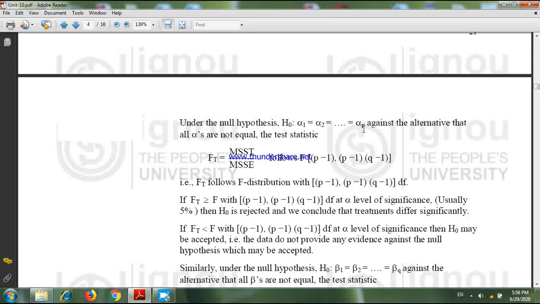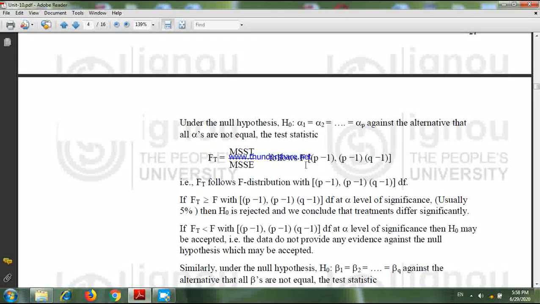No need to write those. Simply write under null hypothesis H naught against the alternative that all alphas are not equal. The test statistic Ft that we have written in the ANOVA table follows F distribution with P minus 1 and (P minus 1)(Q minus 1) degrees of freedom.